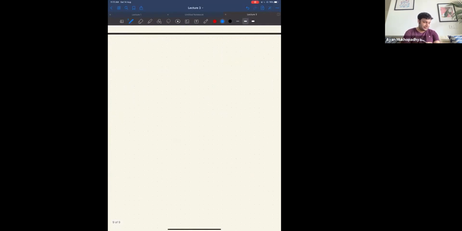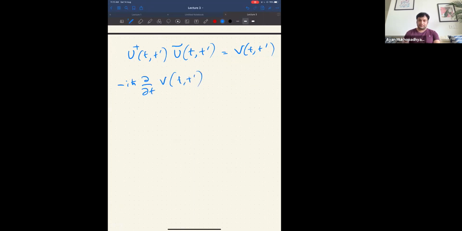What we want to do is get an equation for U dagger(t,t') and U tilde(t,t'). Let us call this object V(t,t'), just to give it a name for the moment. What I'm interested in is to compute minus i h bar del by del t of V(t,t'). So I have to take the time derivative here and then the time derivative there.